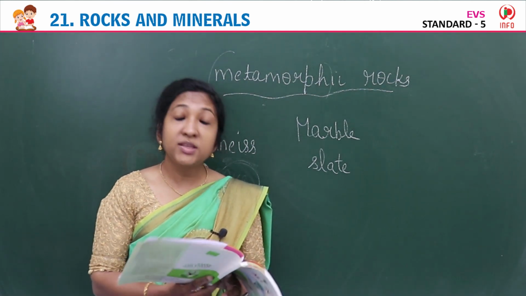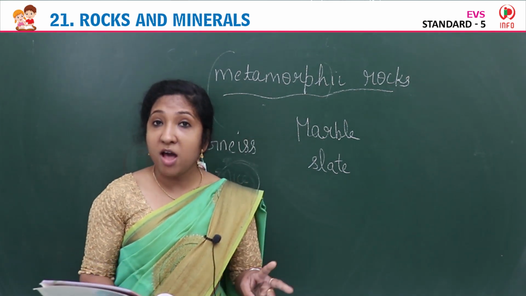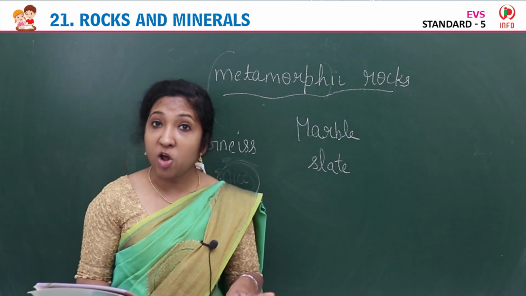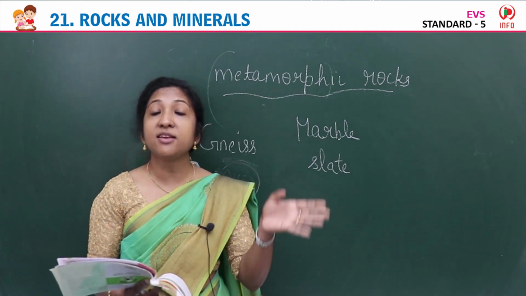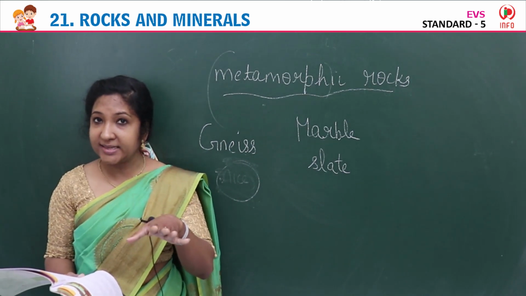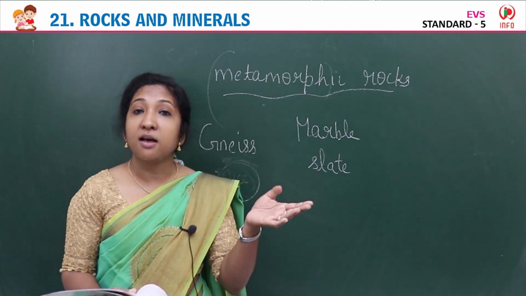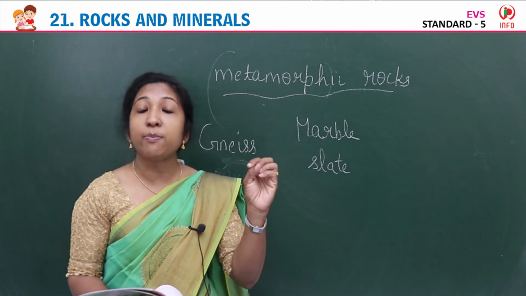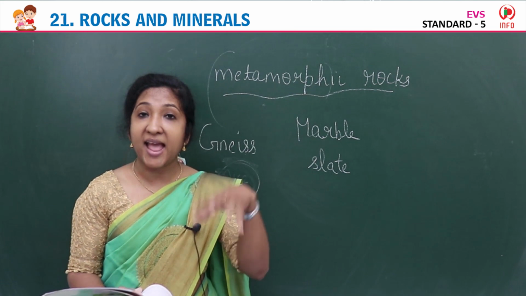Yes. So these are the three types of rocks we learned today: igneous rocks, sedimentary rocks and metamorphic rocks. So we are learning the lesson rocks and minerals. Both are nature's gift to us. The earth's crust is full of rocks, means we are on the land.